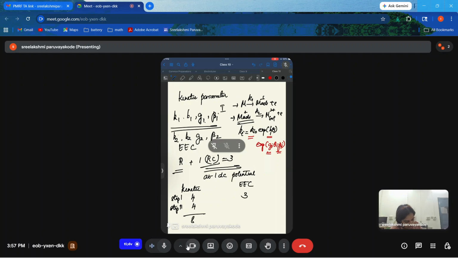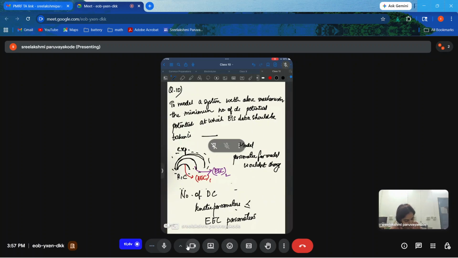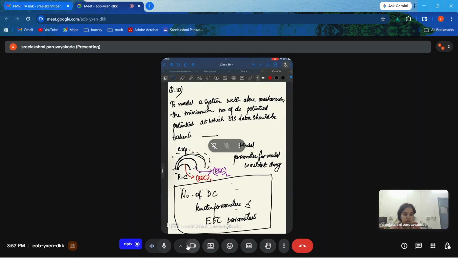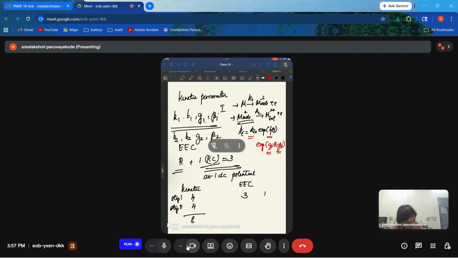Here the EEC should be such that, how many DC potentials? Such that the kinetic parameters should be lower than or equal to the equivalent electric circuit parameters. So one DC potential can give you three parameters. 3 is lesser than 8.